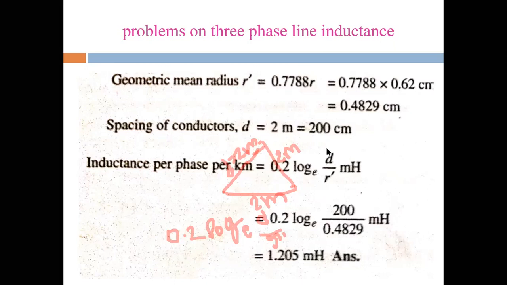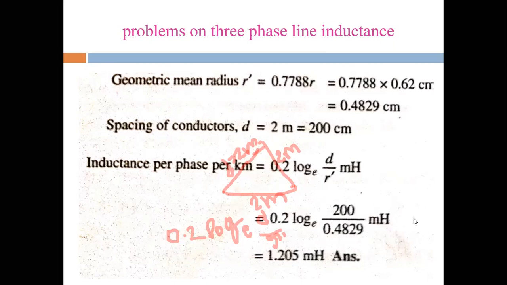Then substitute these values, D and R dash. Therefore the inductance per phase per kilometer is equal to 0.2 log_e of D in centimeters, that is 200, by R dash, that is 0.4829.